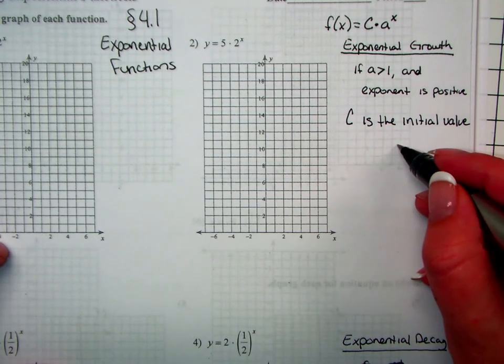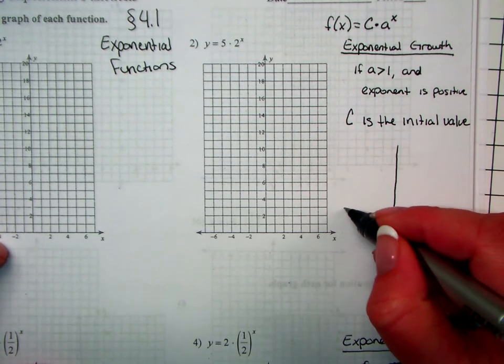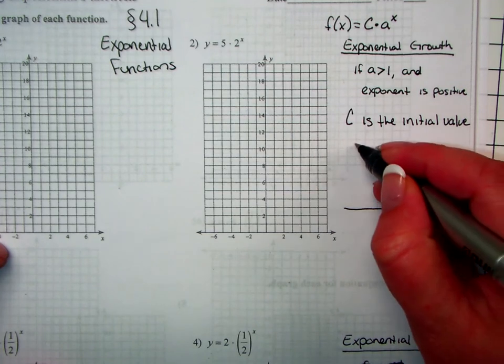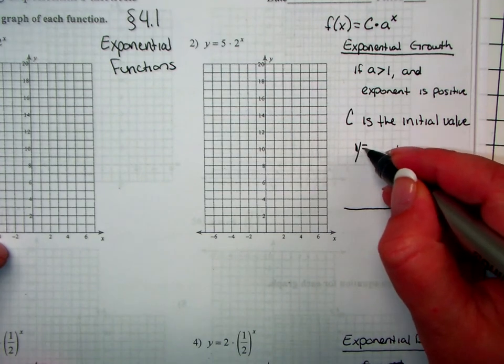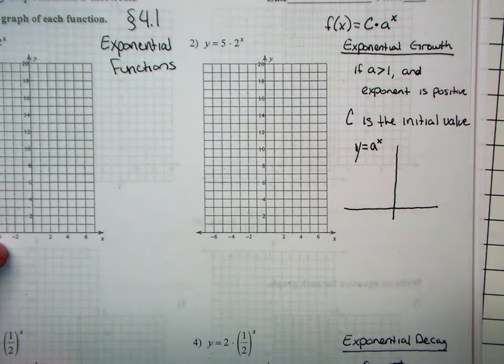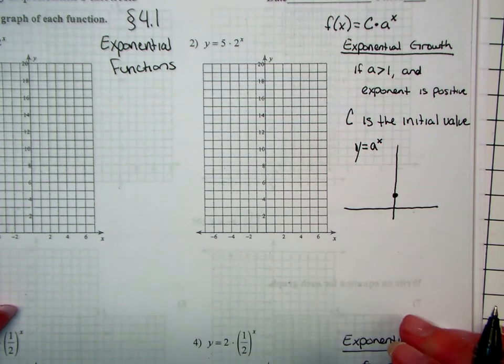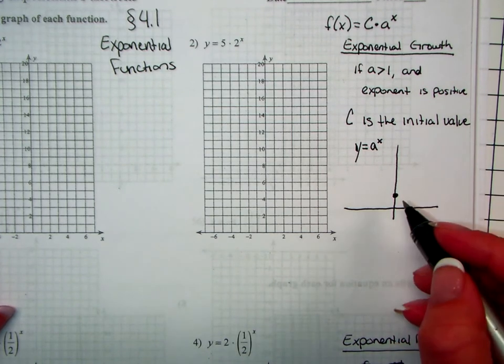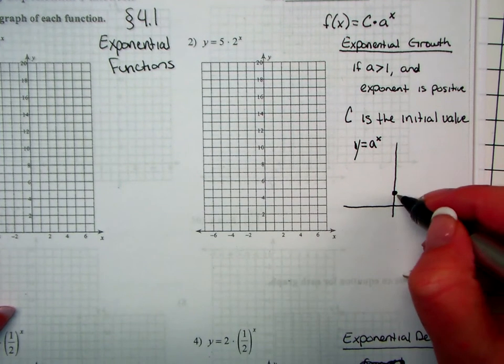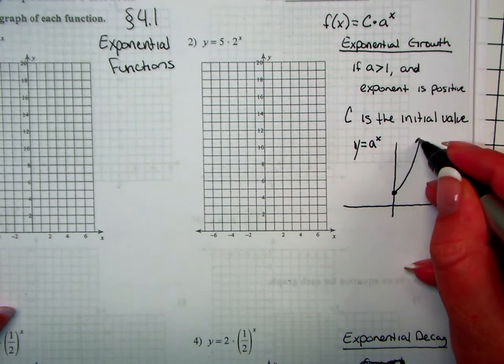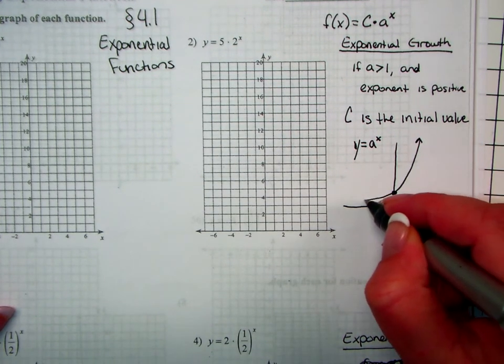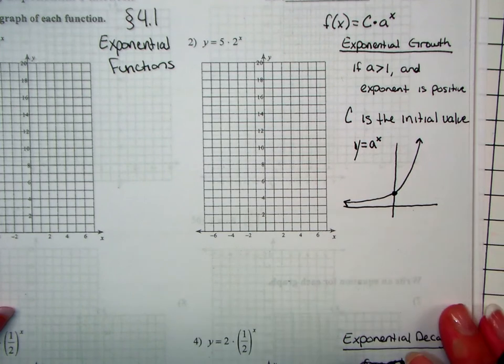So exponential growth, if I were just to graph y equals a to the x. So I'm not putting the c on there, all right? So the c is understood to be 1. So all of our exponential growth equations are going to go through 0, 1, and they're going to grow exponentially to the right, and then they are going to decrease toward 0 on the left.